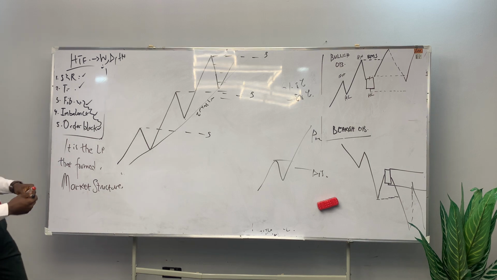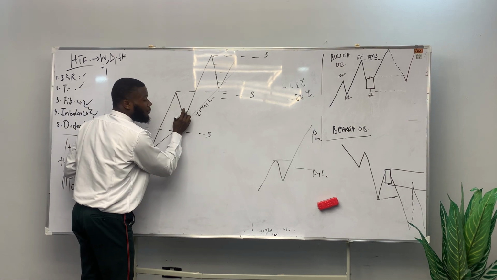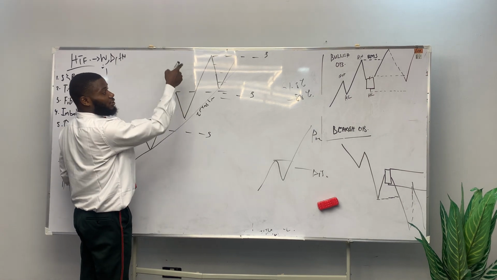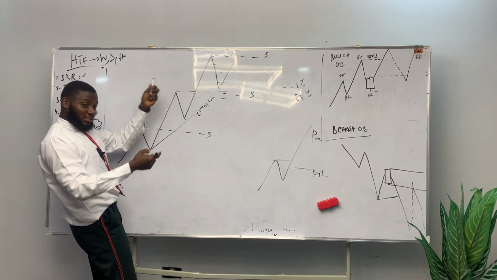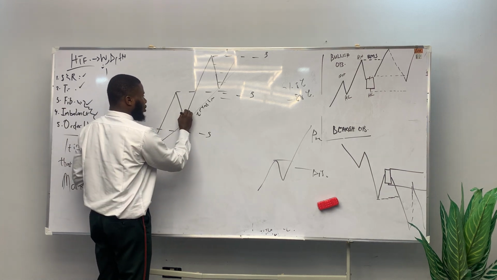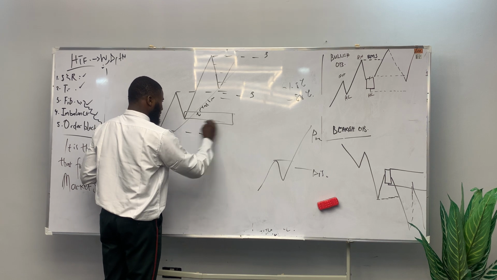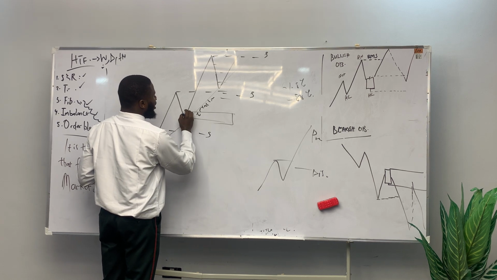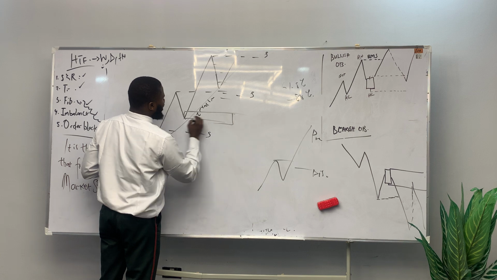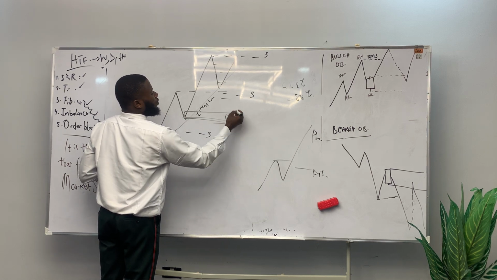Then order block. The last one should be here. The last for this bullish one will become the bearish candle that broke market structure. This one now, you use your rectangle tool and drag like this. OB.